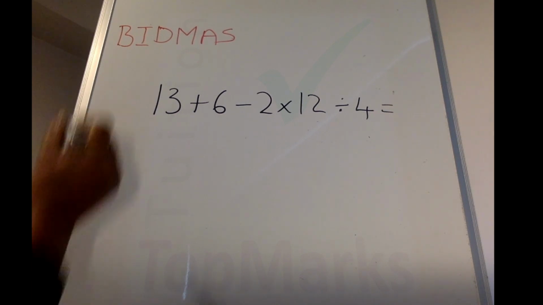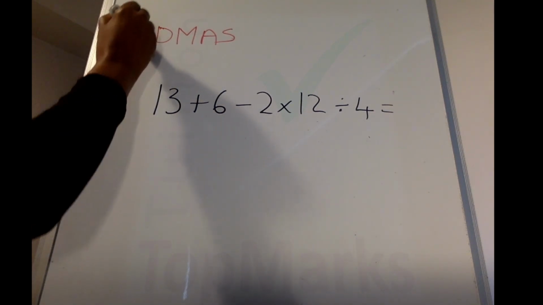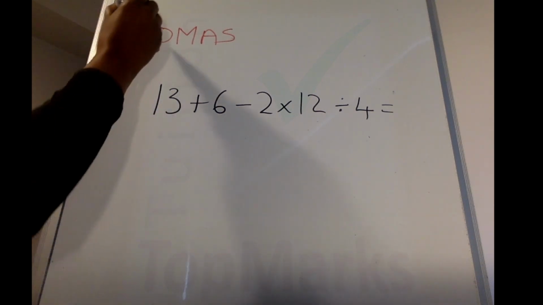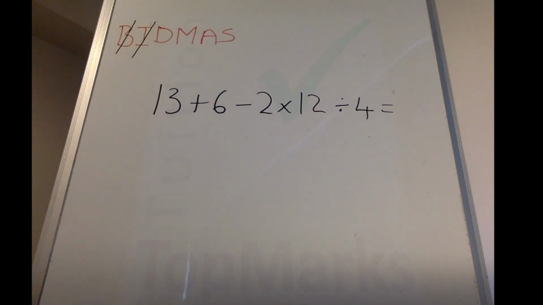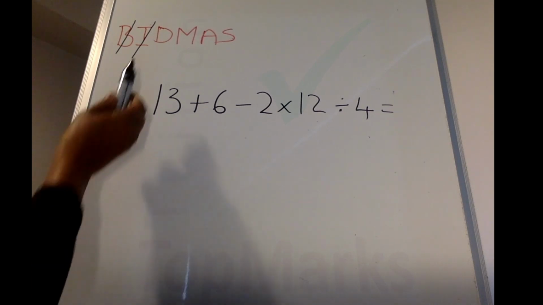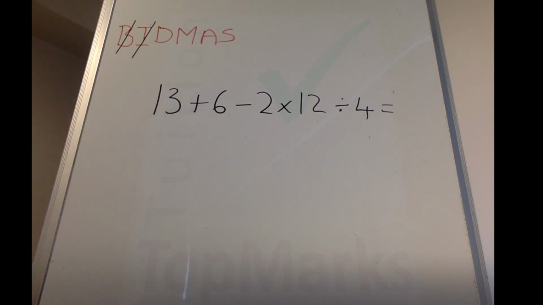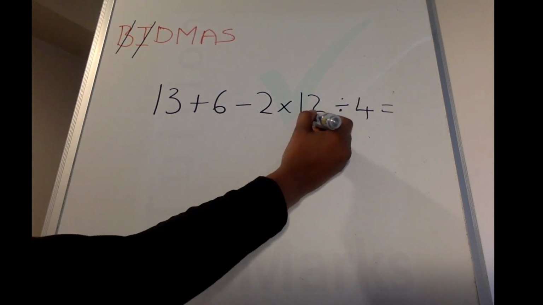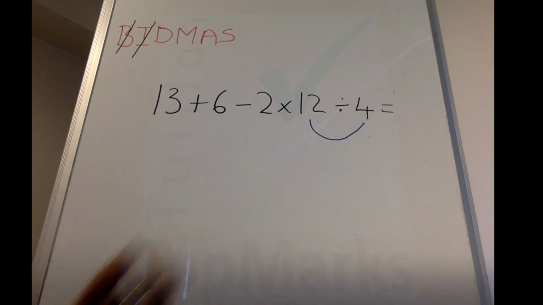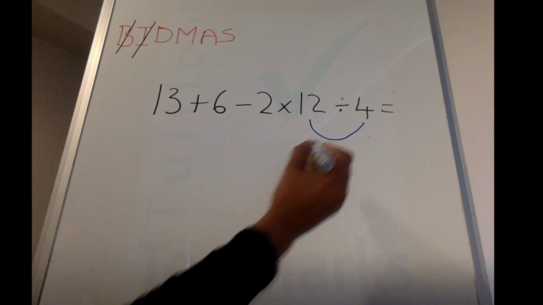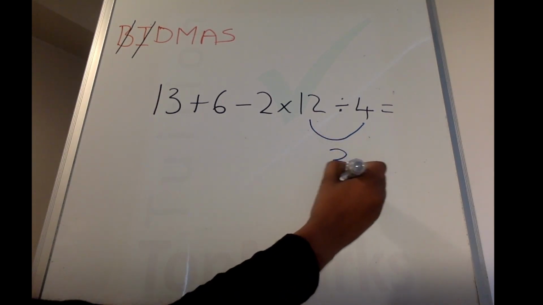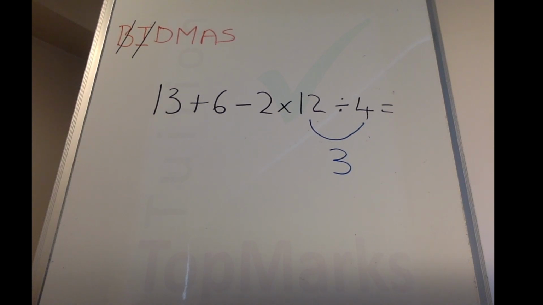So again, I can see that I do not have any brackets and I do not have any indices. Let's have a look to see if I've got a division calculation. Oh yes, I have 12 divided by 4. 12 divided by 4 is 3. So I'm going to do that one first.